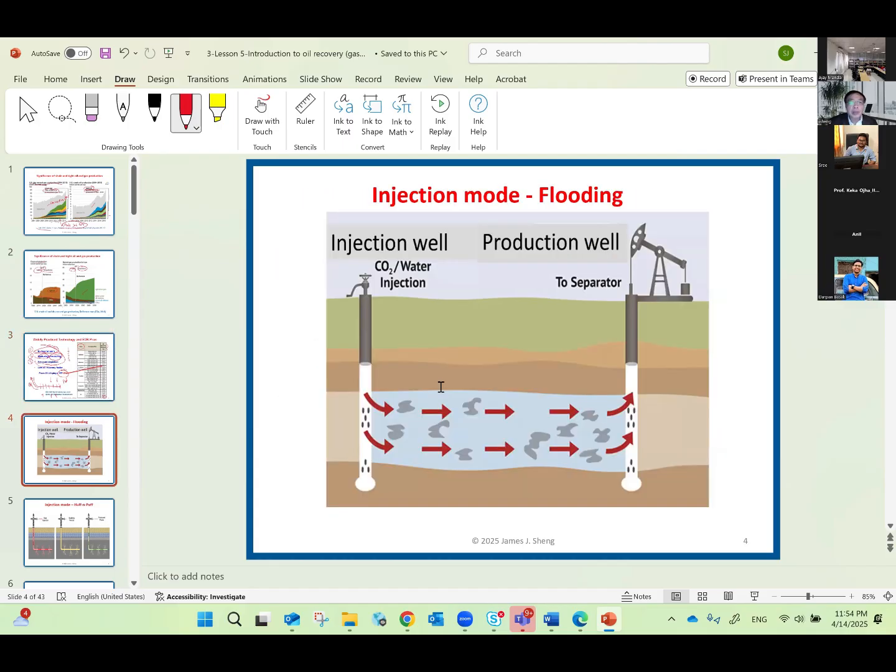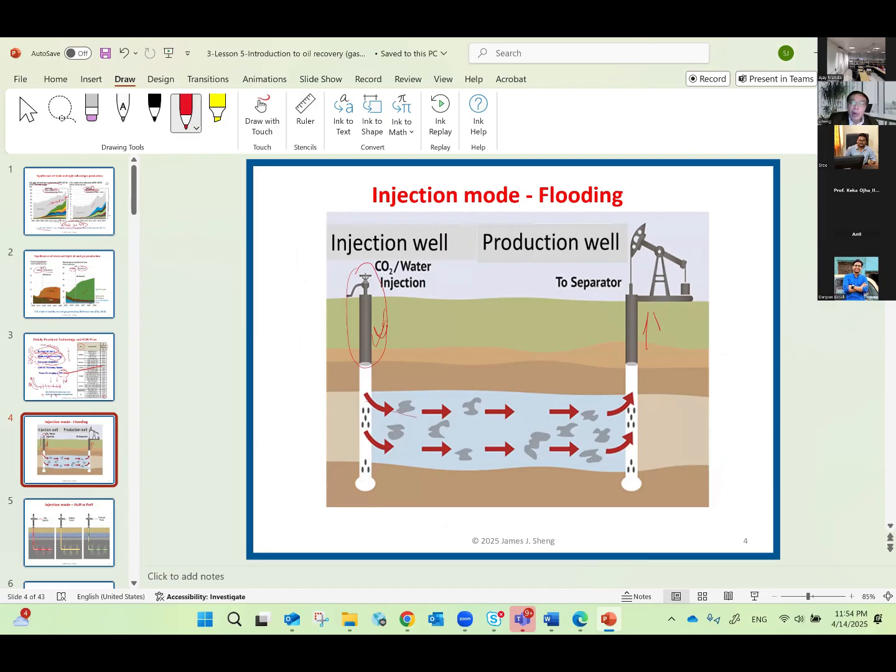Before I introduce this technology, let me introduce other terminology. The first one is called flooding. You probably heard about water flooding, gas flooding. You heard such names, right? So let's say here is the injection well, and here is the production well. In the injection well, you inject water or CO2.